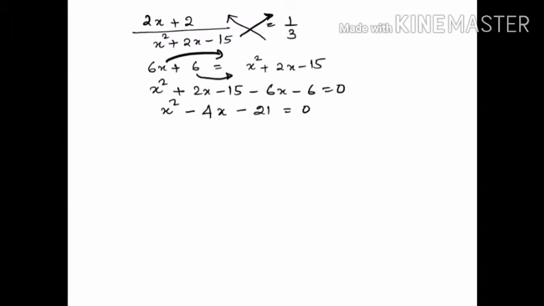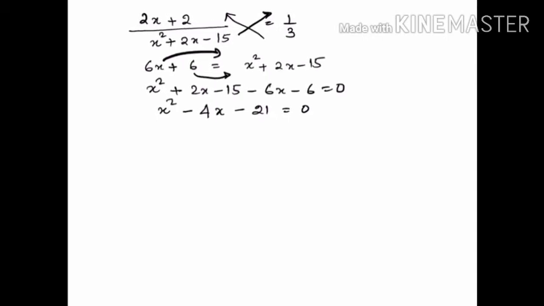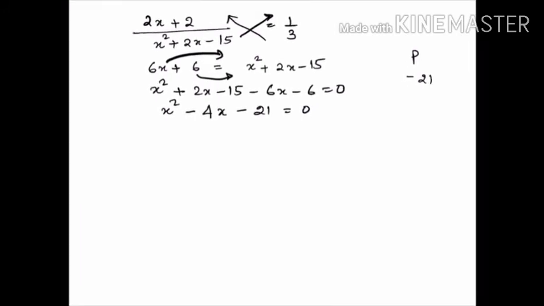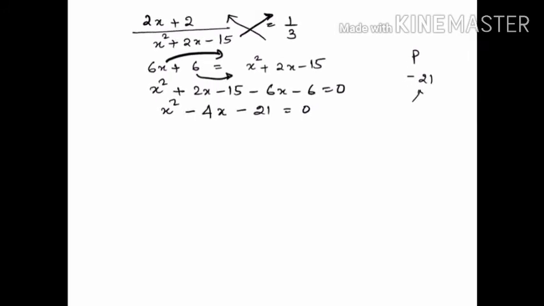Now we can solve this question by any method that we have studied. So let's use factorization. The product will be minus 21. Factors of minus 21 will be minus 7 and plus 3.